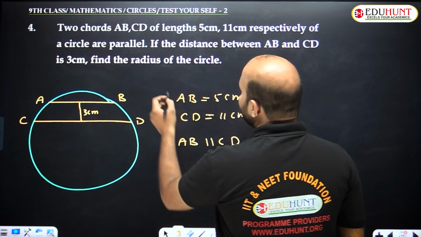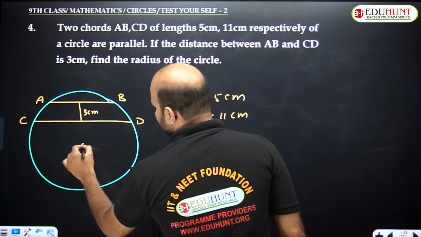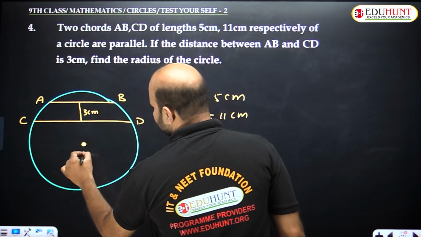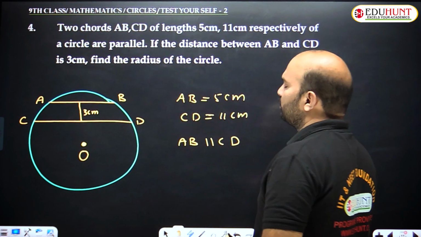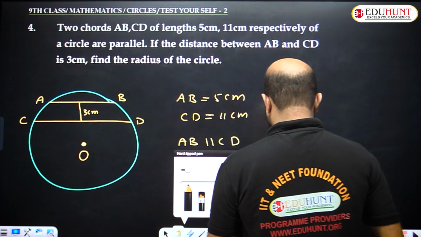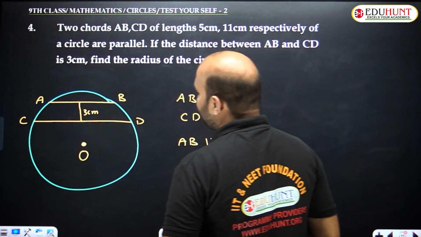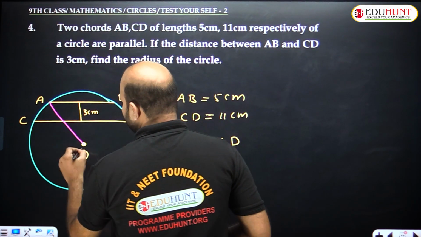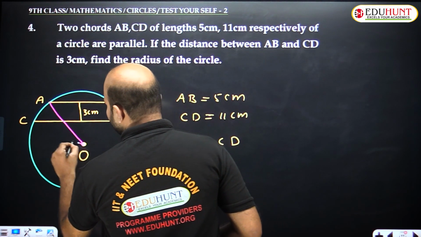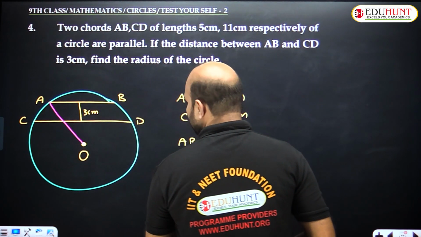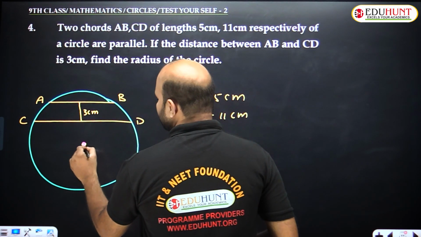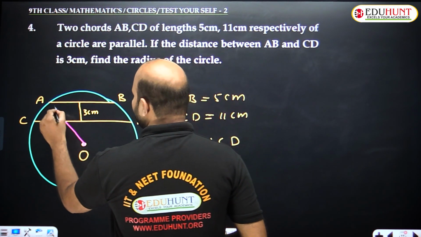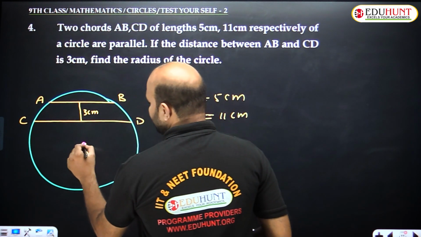But the question is to find the radius of the circle. O is the center of the circle. So clearly we need to understand, this is called the radius. OA is a radius as well as OC. The center to any point on the circumference is called a radius.